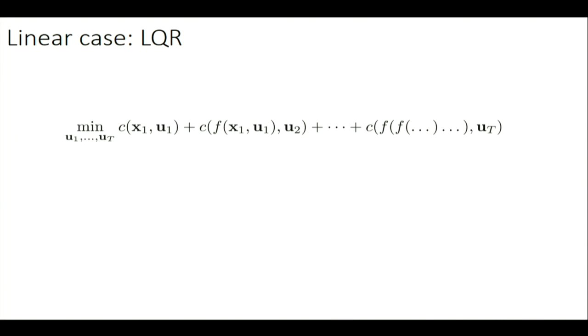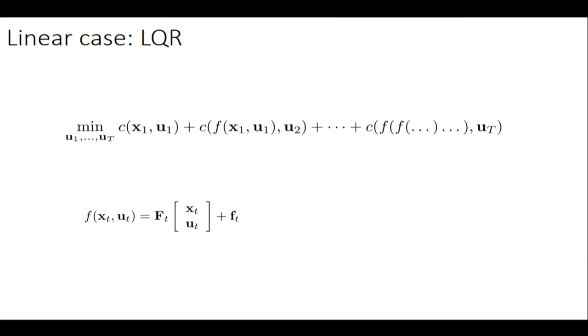So in the linear case, we're going to make a simplifying assumption about the dynamics of our system. We have this unconstrained optimization problem, and we're going to assume that our dynamics F is actually linear, meaning that it's some matrix times the concatenated vector of states and actions plus some vector. This matrix and vector might be time dependent, so they might be different at different time steps, but it's linear.